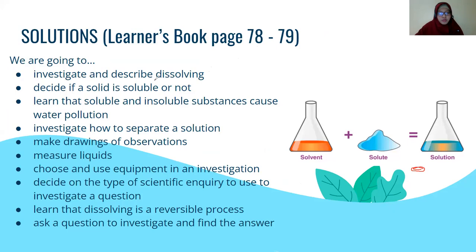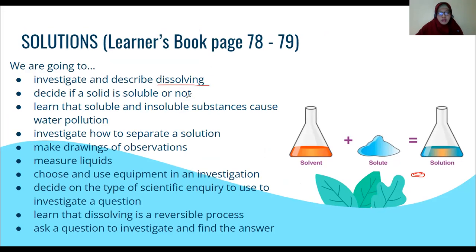The objectives are: investigate and describe dissolving; decide if a solid is soluble or insoluble; learn that soluble and insoluble substances cause water pollution; investigate how to separate a solution; make drawings of observations; measure liquids; choose and use equipment in an investigation; decide on the type of scientific inquiry to use to investigate a question; learn that dissolving is a reversible process; and ask a question to investigate and find the answer.